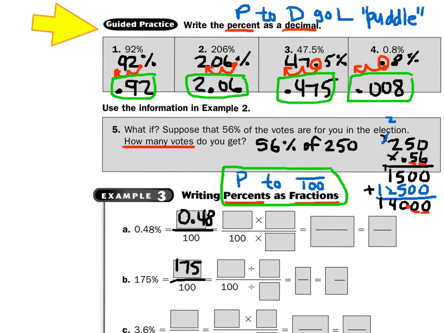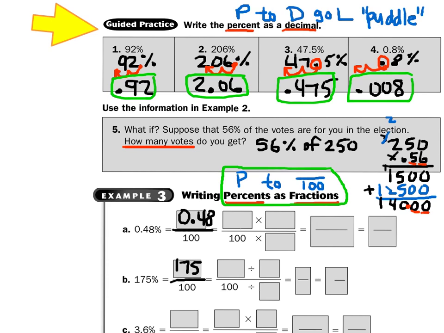Take a look at number 5. It says, use the information from example 2 on the other page. Suppose that 56% of the votes are for you in the election. How many votes did you get? Well, remember, we're just going to take the 56% and multiply it by the 250 votes. And so we have to change that percent to a decimal.